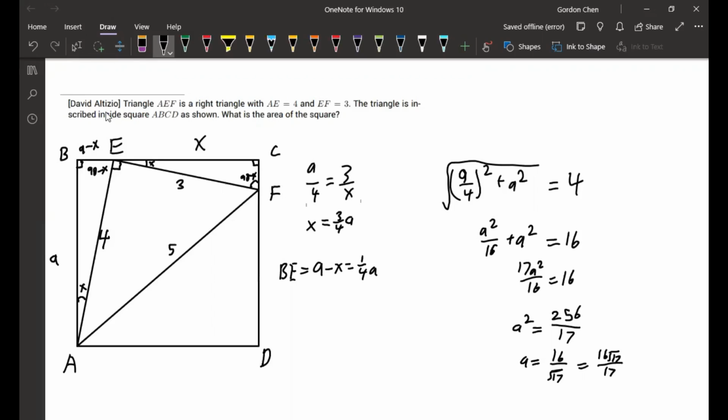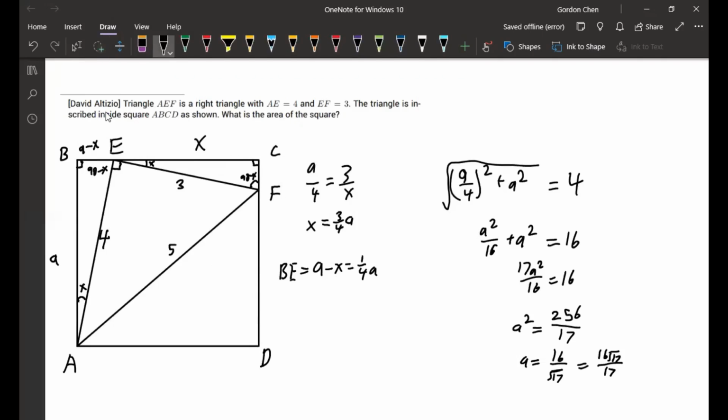So actually it's EC over EF, not EF over EC. So we rearrange this and we make it become x equals 3 over 4a. And if I haven't said this yet, a is the side length of the square, and x is EC. So BE is a minus x.